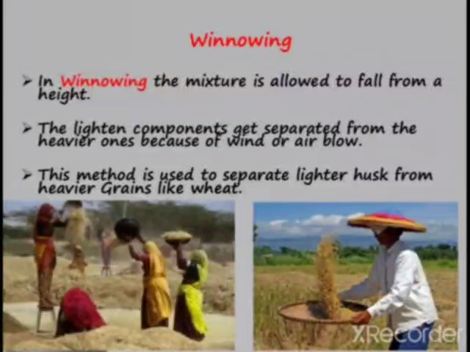In winnowing, the mixture is allowed to fall from a height and the lighter components get separated from the heavier ones because of wind or air blow. This method is used to separate lighter husk from heavier grains like wheat.